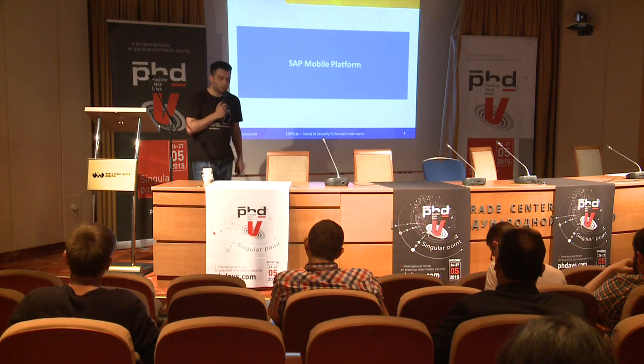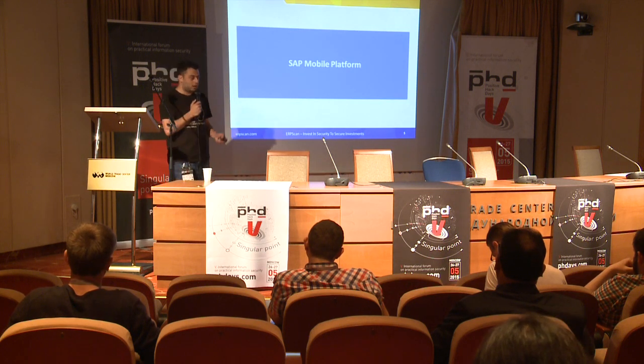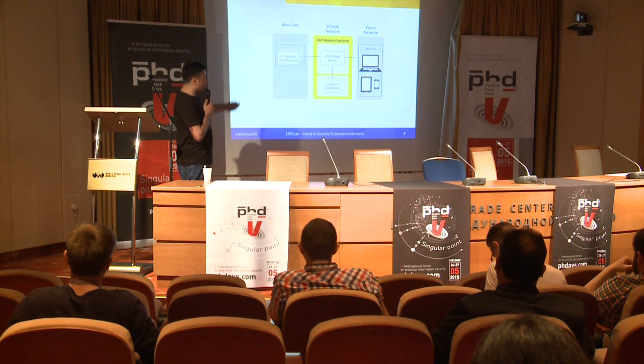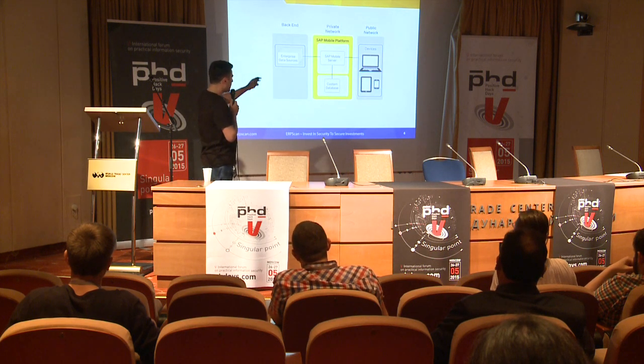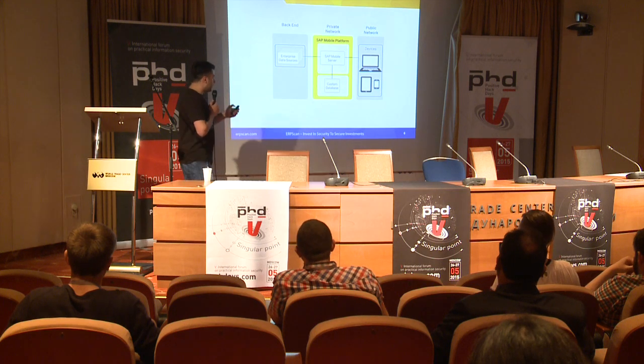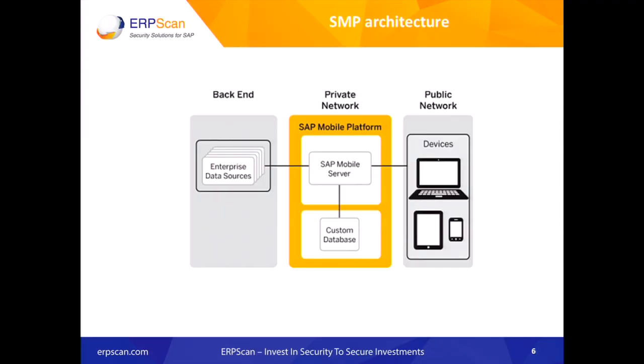SAP Mobile is a platform which has approximately the following structure. It can be divided into three main components. The first component is a public network. In the public network, we have all the devices which can be brought to work by the employees of the company, and which can get certain information from the SAP system they work in.